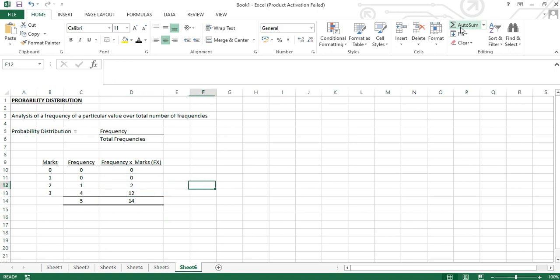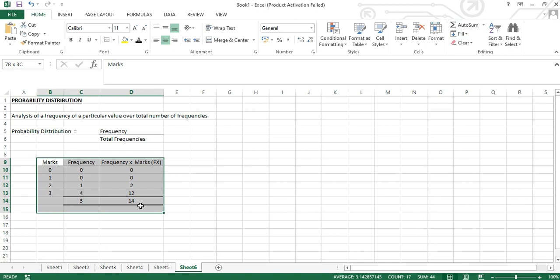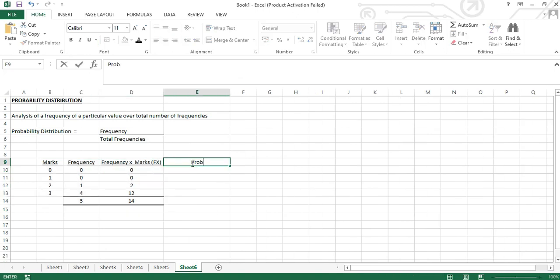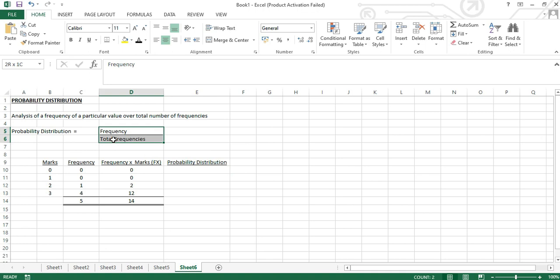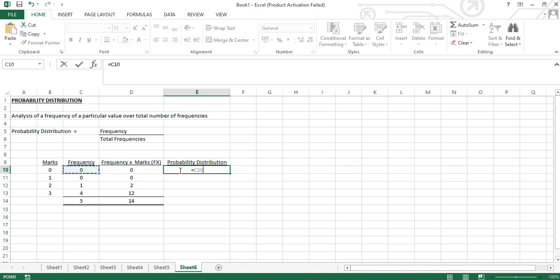Now, once you have determined this table, what you're supposed to do is create the probability distribution data first. How to calculate probability distribution is, you apply this formula shown here, which is frequency divided by total frequency. Frequency is 0, that means this frequency, divided by the total number of frequency, which is 5.